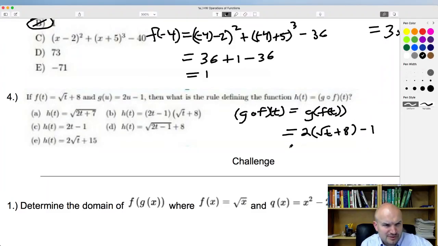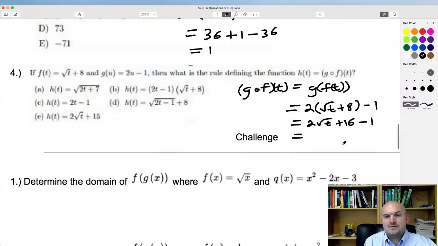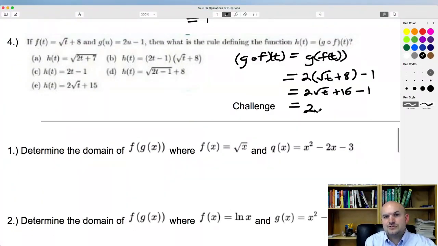And now you can distribute that if that happens. Doesn't look like my answer is there, so therefore I can distribute this. 2 square root of t plus 16 minus 1. And now I can see my answer, 2 square root of t plus 15. And therefore that's going to be answer E.